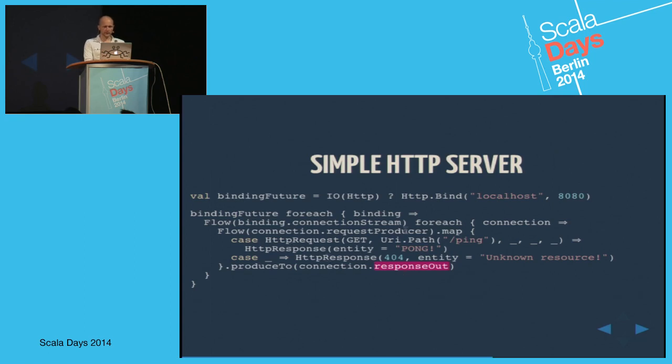And what we're doing is we're just mapping. Simple. We simply map requests onto responses in the middle, and then we produce to this other guy. That's it. So you don't see the back pressure, right? It's nothing that you have to worry about. You just think about how you want to transform the data side of the connection.